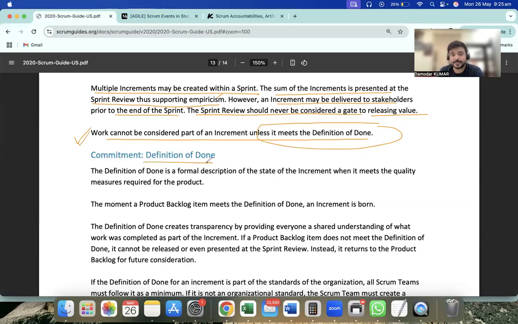Okay, so commitment: the definition of done. The definition of done is a formal description of the state of the increment when it meets the quality measures required for the product, right? It's the same thing I was telling you. It's a quality measure.